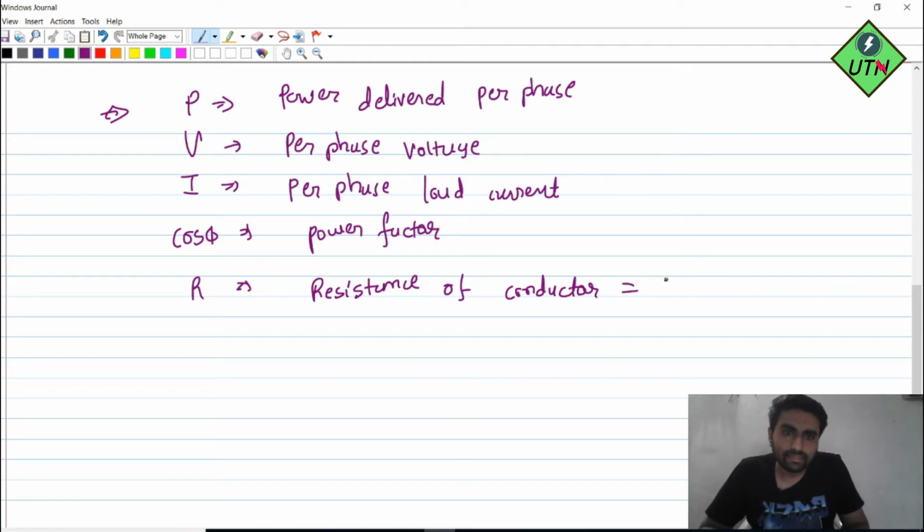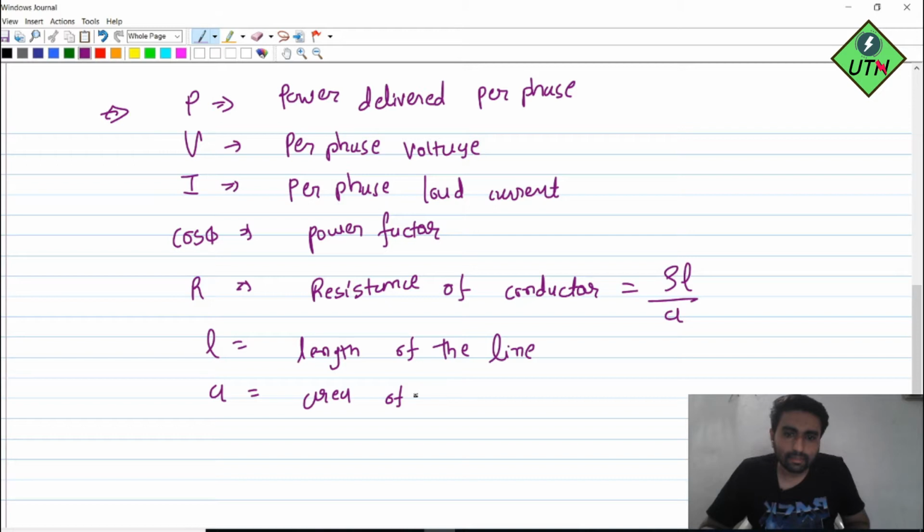The value of this resistance is, we know, rho L by A, where L is the length of the line, A is the area of the conductor, and rho is the resistivity of the conductor material.